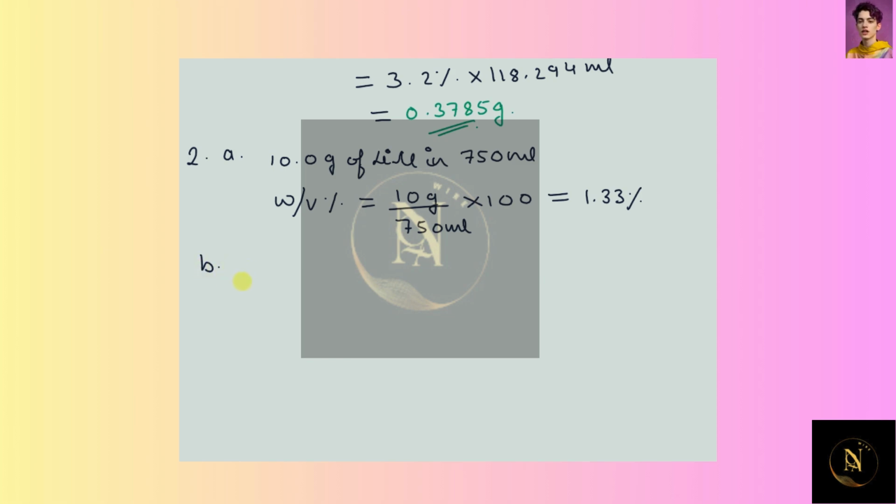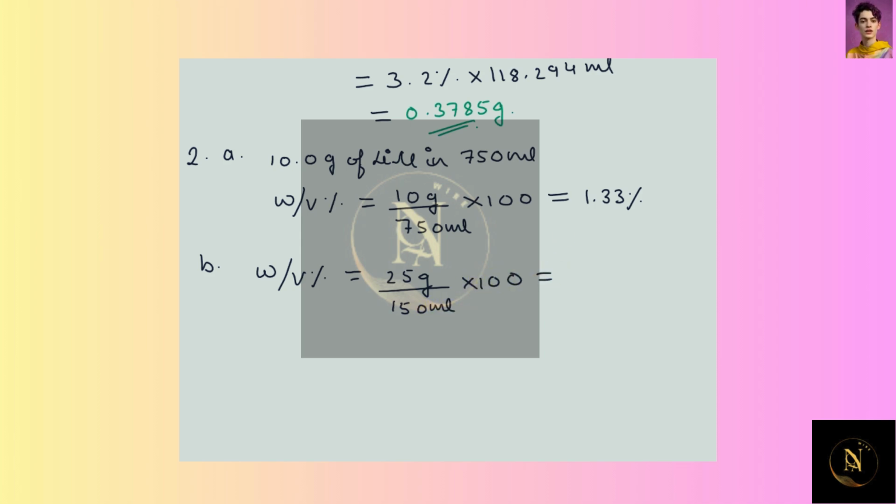The B part of the question is to calculate the weight by volume concentration of NaNO3. We will be using the same formula. The weight by volume percentage is equal to the weight of the NaNO3, which is 25 gram, divided by the volume in ml, which is 150 ml, multiply by 100.